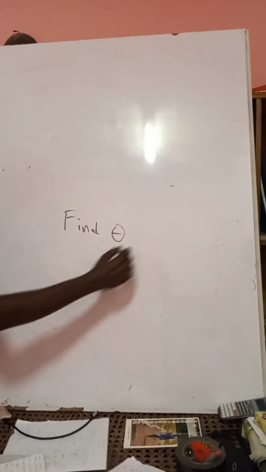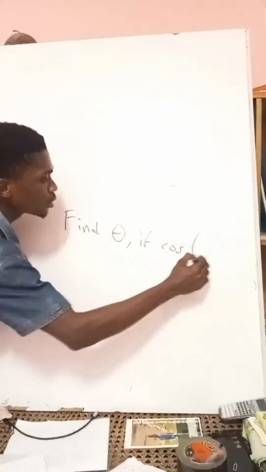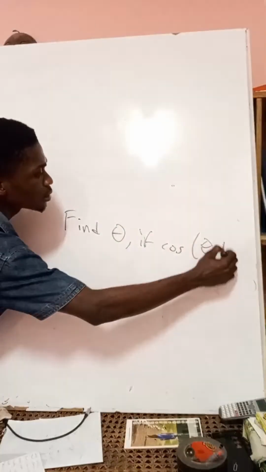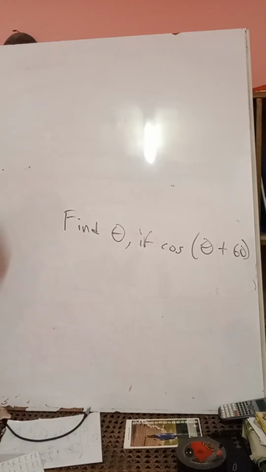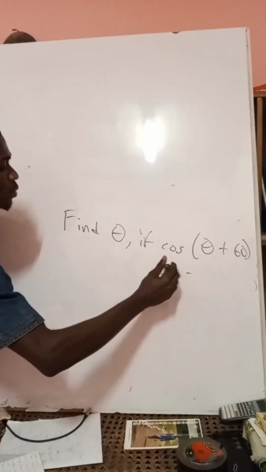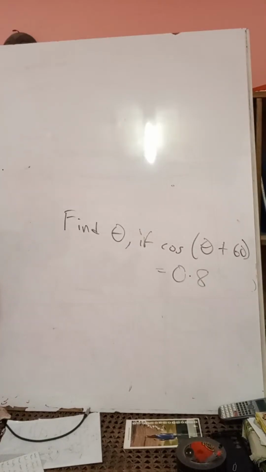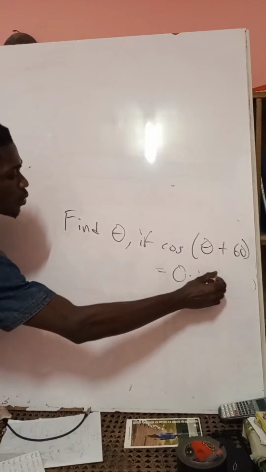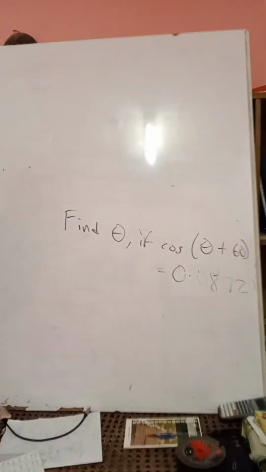If cos theta plus 60 equals 0.8, equals 0.8, sorry, 0.0872.